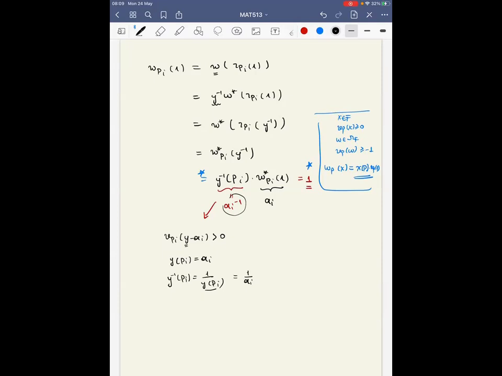And indeed, this proposition shows us the existence of such a Weil differential.